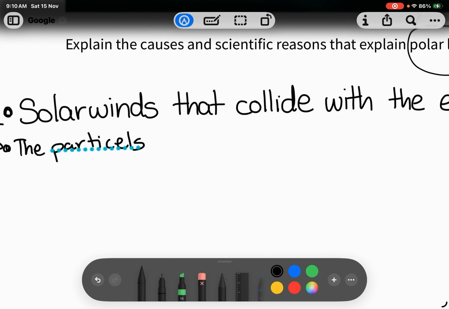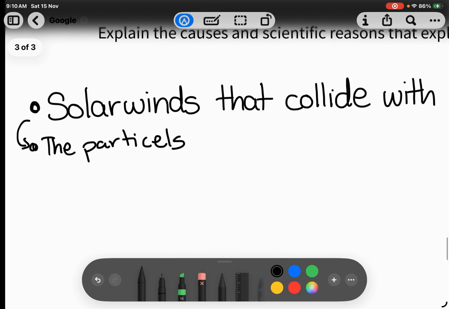I don't know how to explain it clearly, but the Earth's magnetic field puts them through an area in the upper atmosphere, so now they can hit, or collide with, the oxygen and nitrogen atoms that are there.